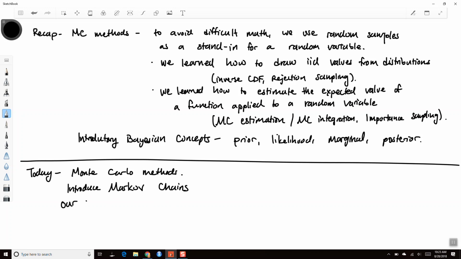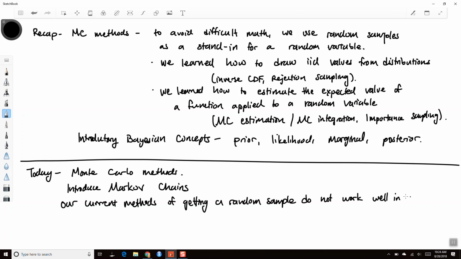Our current methods of getting a random sample do not work well in high dimensional problems.